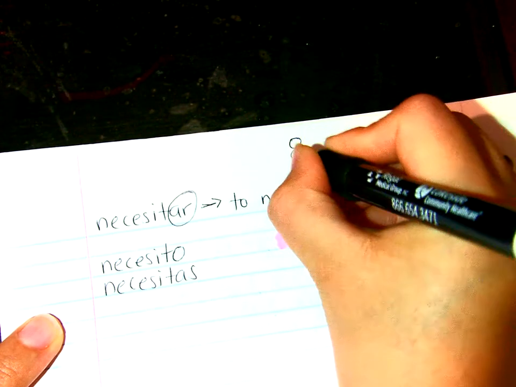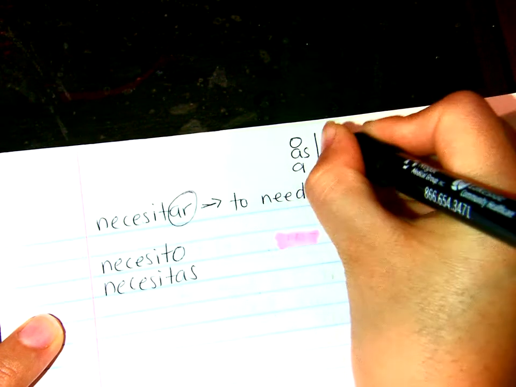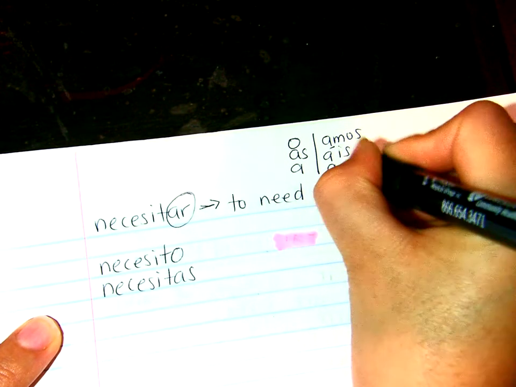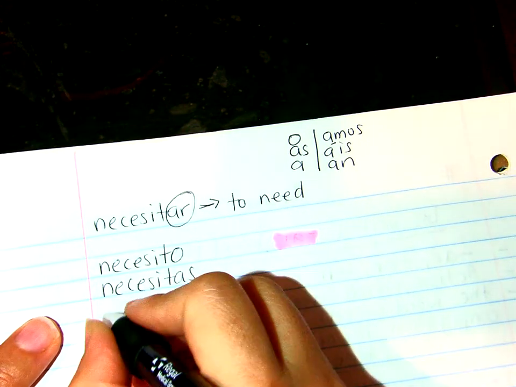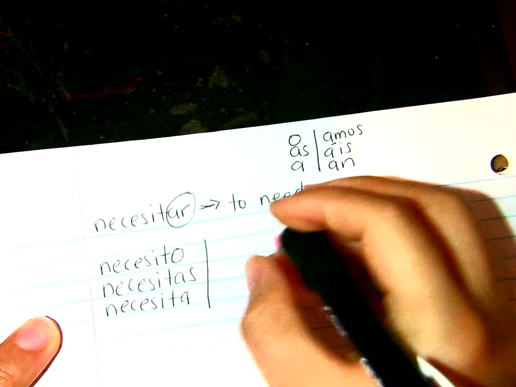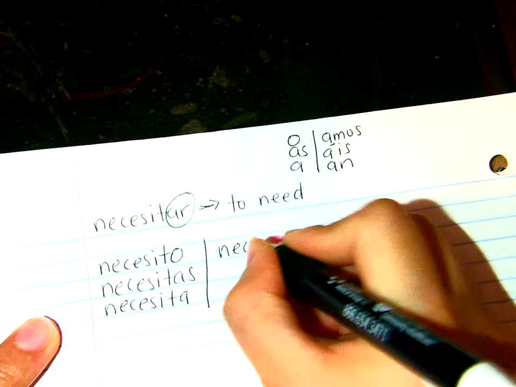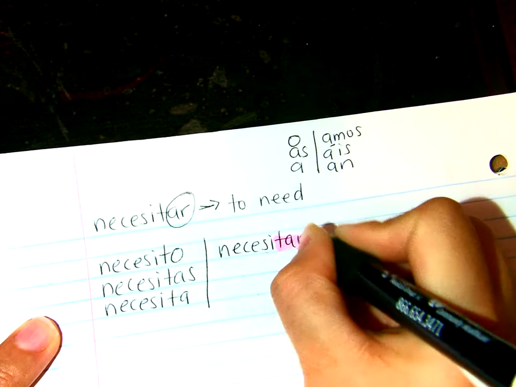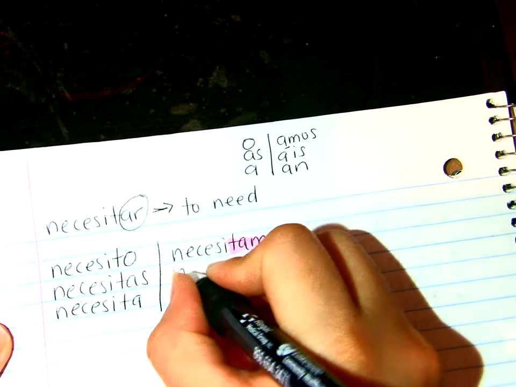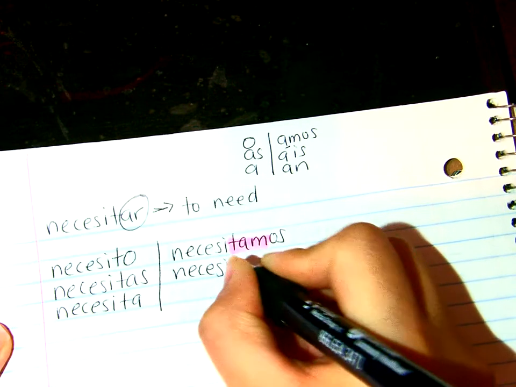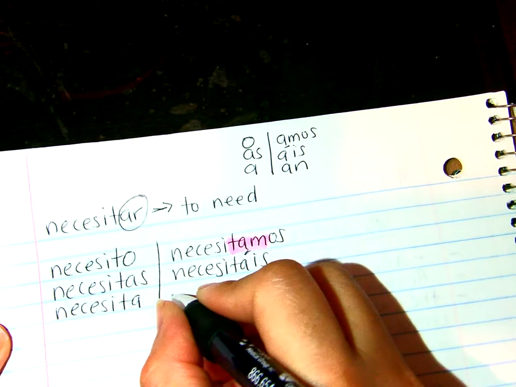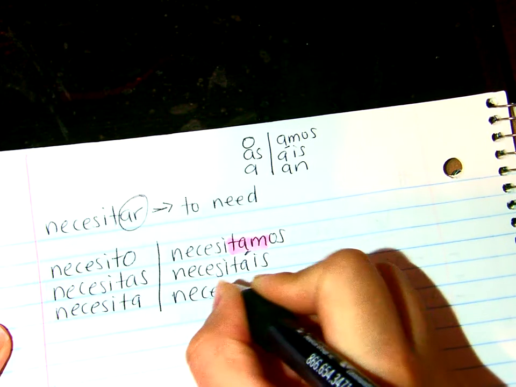The endings are o, as, a, amos, áis, an. She needs. Necesita. We need. Necesitamos. Okay? Vosotros necesitáis. Ellos necesitan.